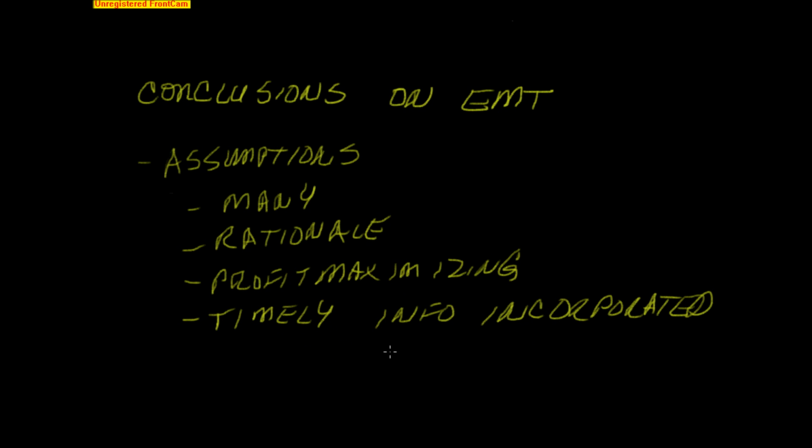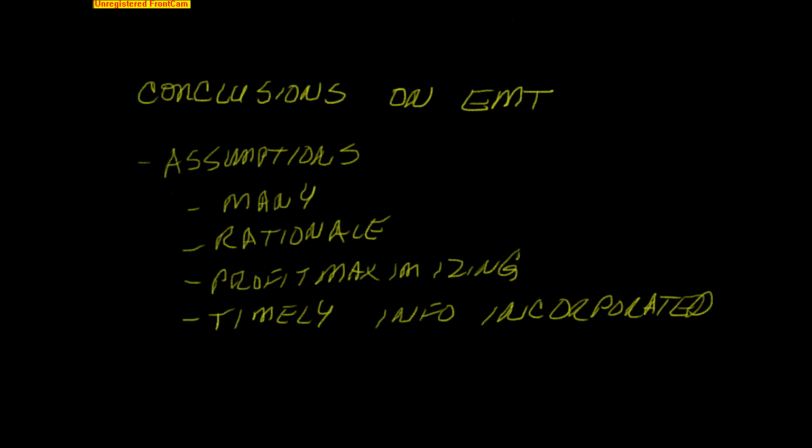Timely information is being incorporated. If there's long time delays between the information being released and transactions being affected that affect the price of the security. So due to illiquidity, lack of interest, few investors, they can create inefficient marketplaces, and in those cases we have a chance for active portfolio management.